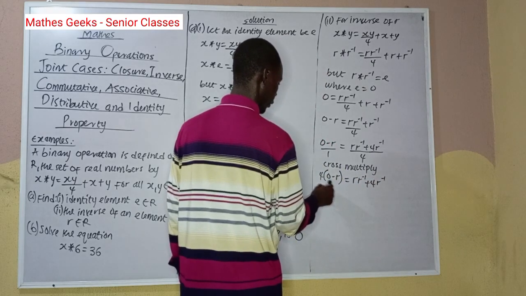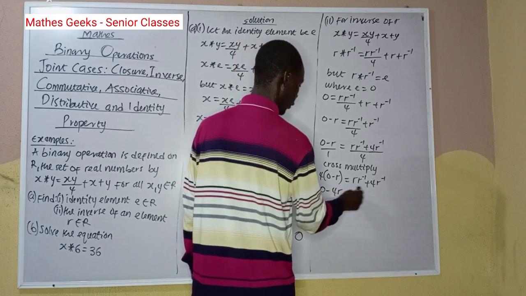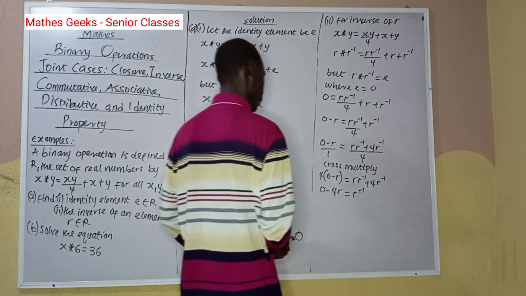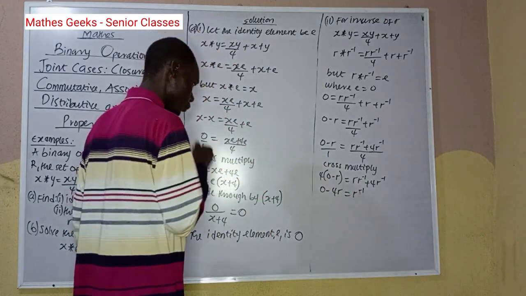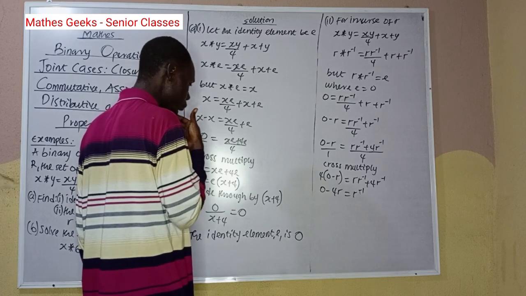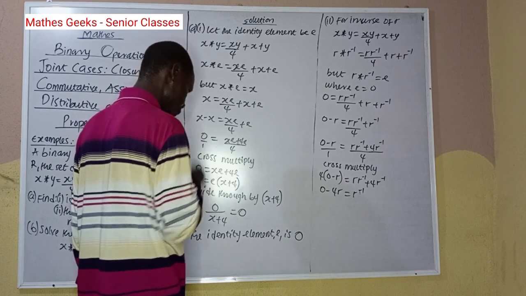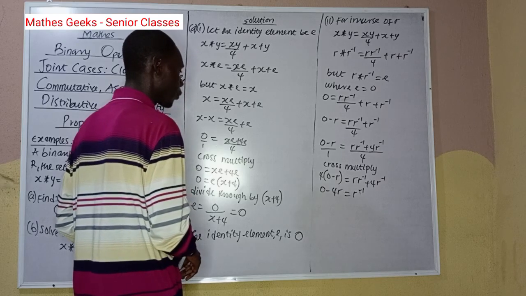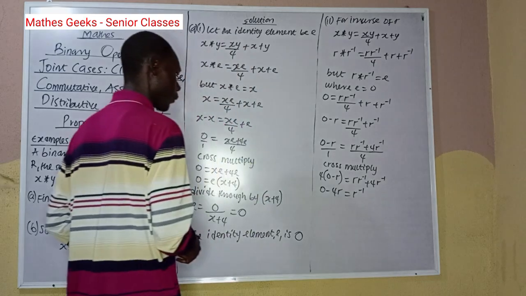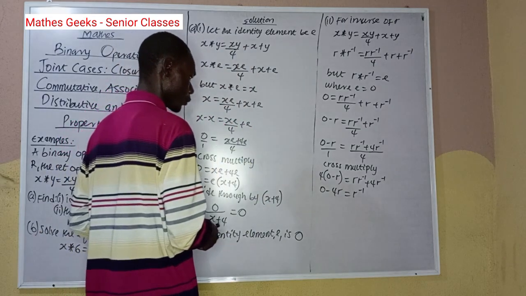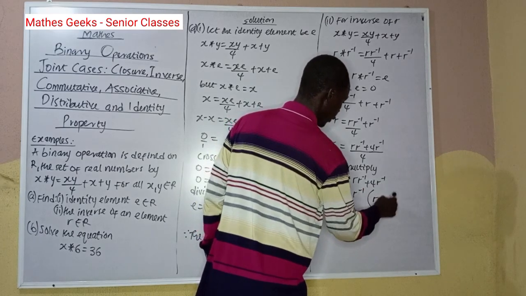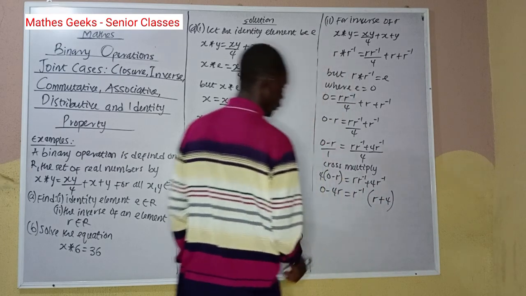So 4 times 0 is 0. 4 times r is 4r, which is equal to, factor r inverse out, r plus 4.